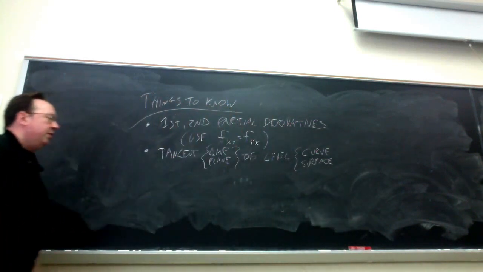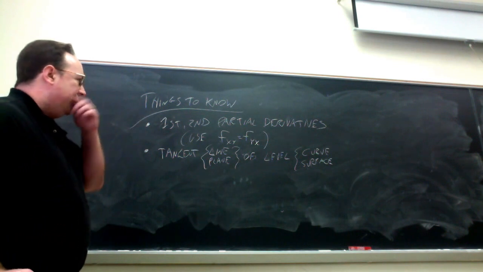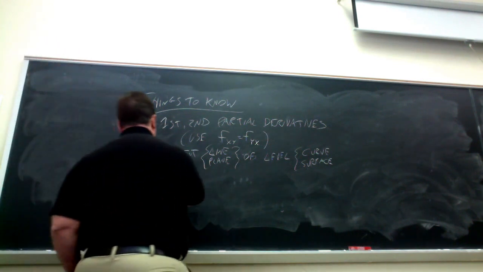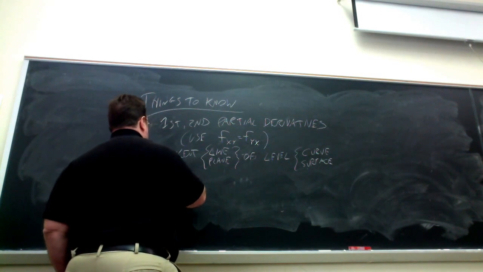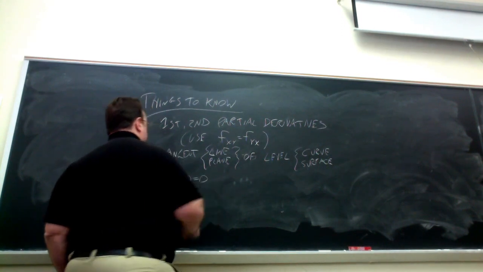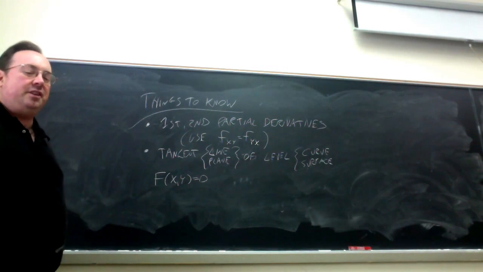The procedure is very similar. We kind of touched on this with the discussion of the last homework problem. So we have the equation f(x,y) equals 0, or similarly f(x,y) equals a constant, and you can just move the constant to the other side.